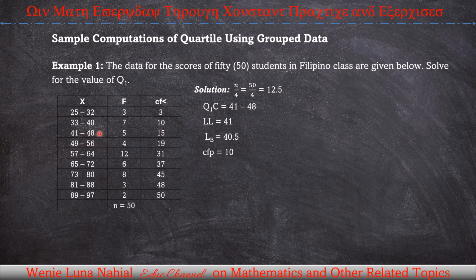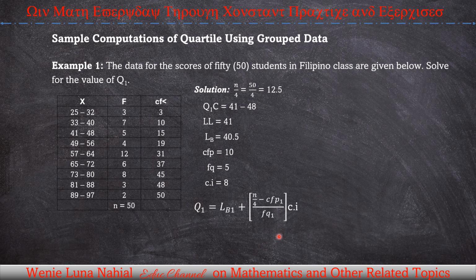So the cumulative frequency before the quartile class is 10. Then the frequency of the quartile class, this one, 5. Then the class interval is 8. You count 25 up to 32, 8.